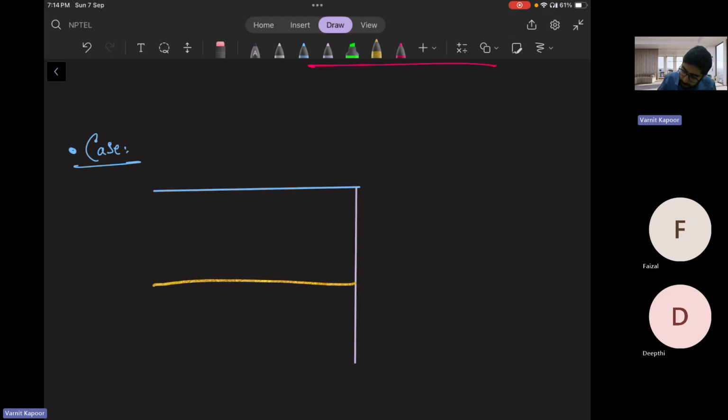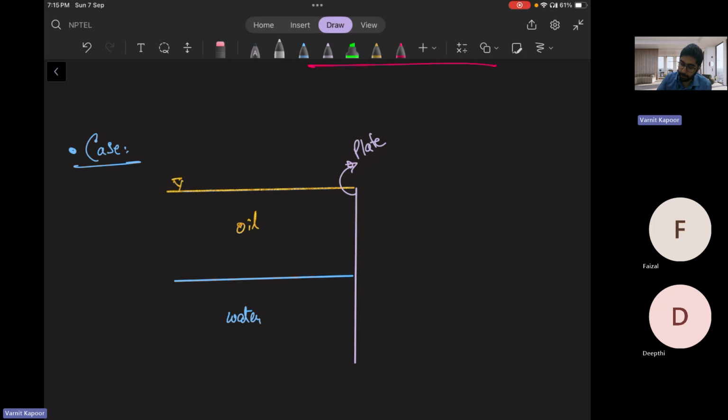I should make first oil above. Oil floats above, water goes below. So here it is oil, here it is water, and my plate is here. And the free surface of the oil is this.